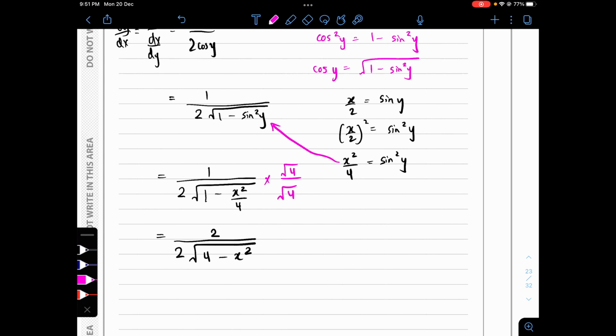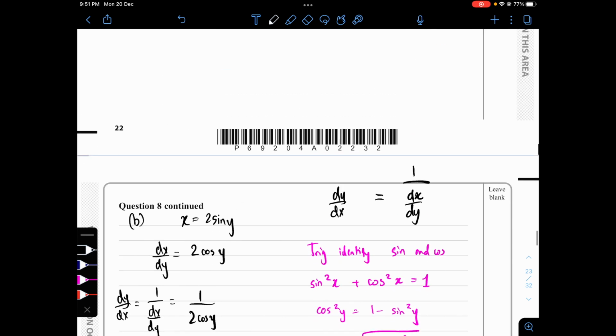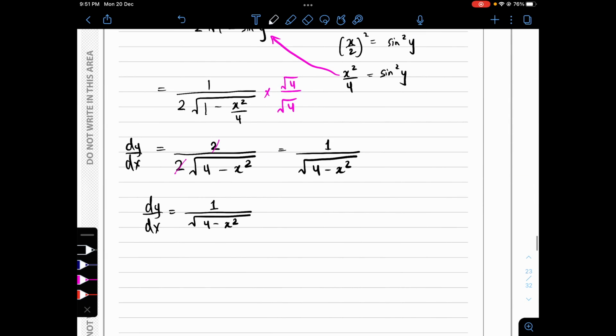You can see the 2 and 2 cancel, so you're left with 1 over square root of 4 minus x squared. So this is our dy over dx. So our final answer is dy by dx is 1 all over square root of 4 minus x squared, and that's it. They wanted what a is, and a is 4. So that is the final answer.